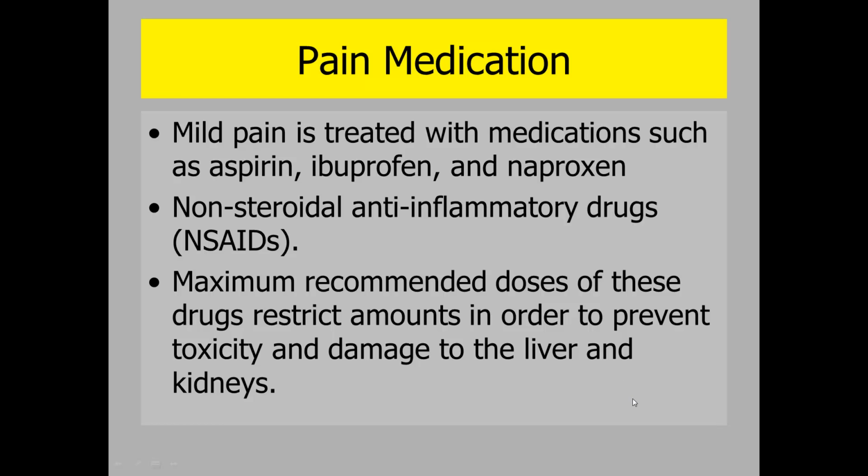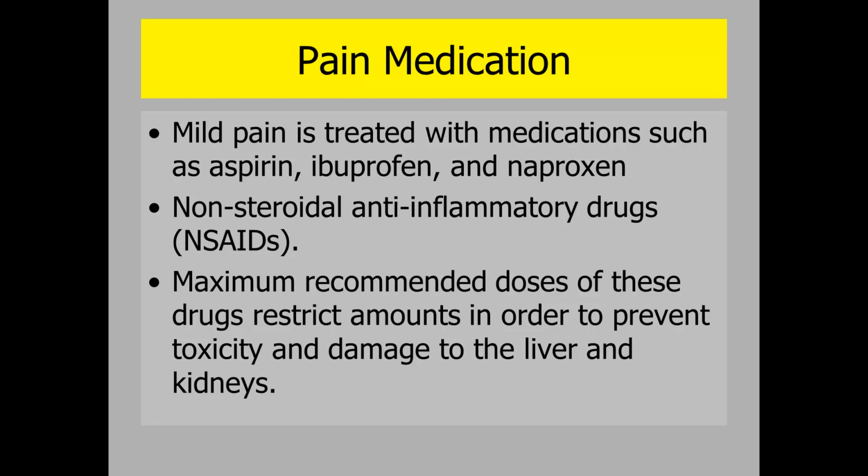So let's talk then about some examples of how drug targets work, and we're going to use pain medication as our example. So there's a number of very effective drugs for mild pain: aspirin, ibuprofen, and naproxen. So these three drugs are often used as treatments.